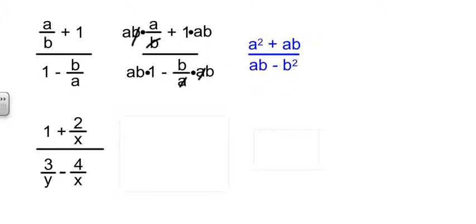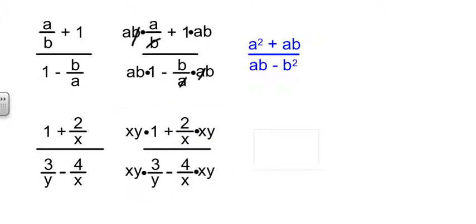Let's tangle with the last one here. We again have complex fractions, so we're looking for a common denominator. That common denominator is going to be x times y. So I'm going to multiply each term by x times y.